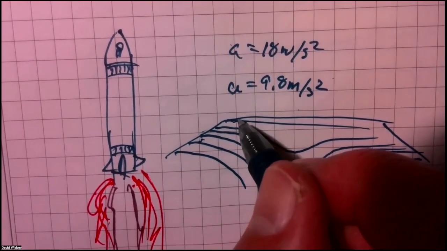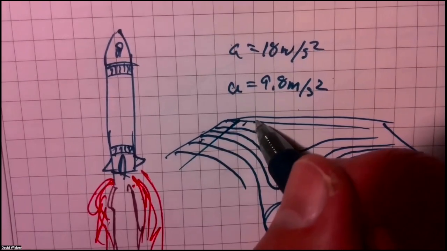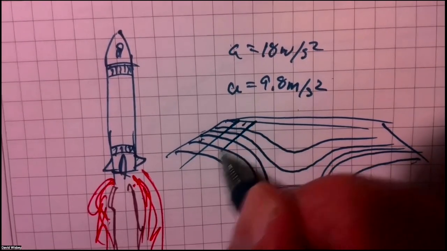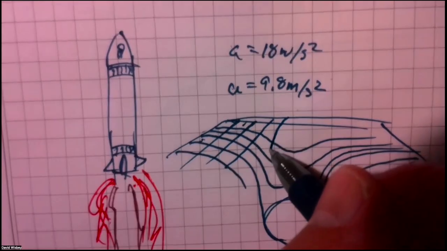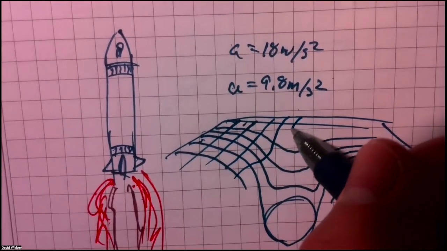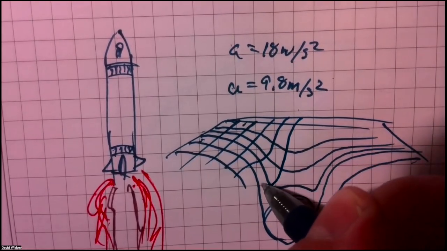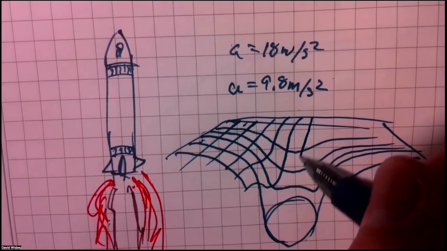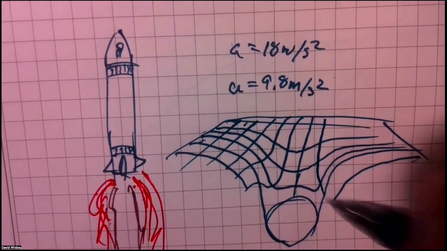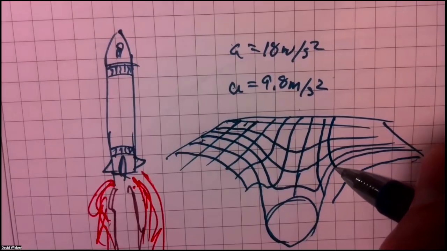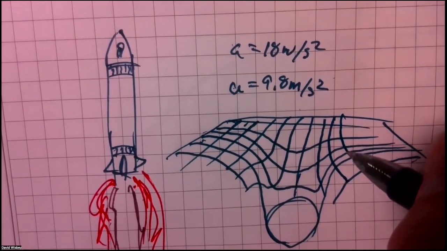And I say time because when you do this, it doesn't just bend space, it also bends time as well. And so you get some really interesting effects from the fact that heavy gravitational things are actually bending time as well.